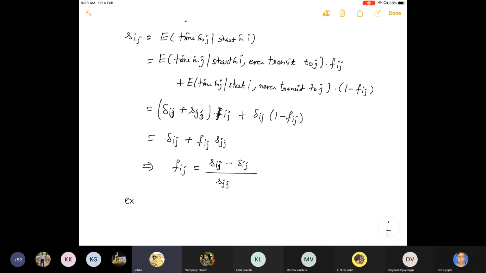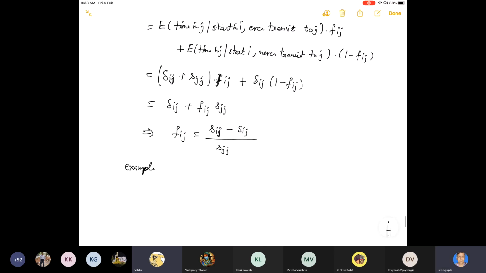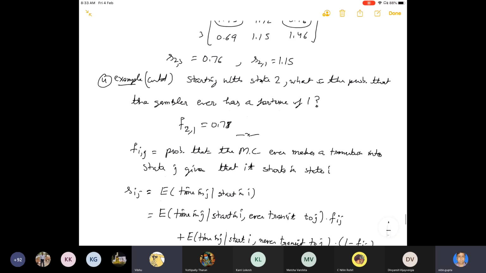So, example. Let us say this is example u. We want to determine F21.